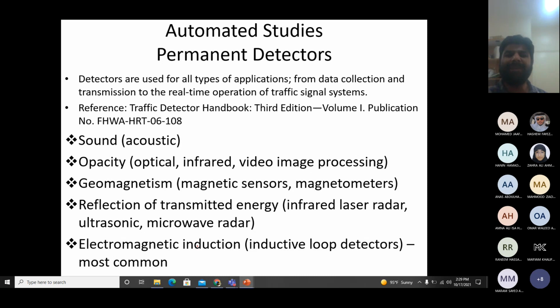So these permanent detectors are installed on the side of the road, in the form of a sensor or detector. Like I've given the example earlier, the checkposts that we have or the gates of the university and so on. These are permanent detectors, installed on the side. Then you can have them installed under the surface of the road as well, or you can have cameras which are overhead.